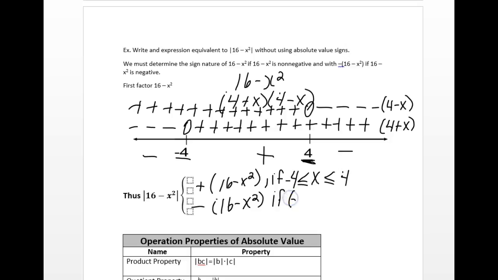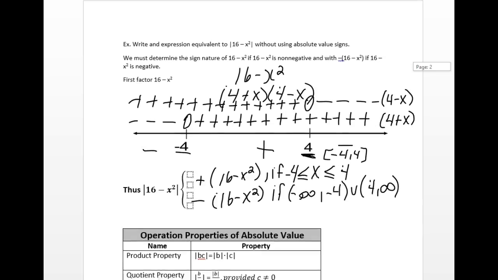So negative infinity to negative 4, and 4 to infinity. And if this first one was in interval form, it would look like from negative 4 to 4.